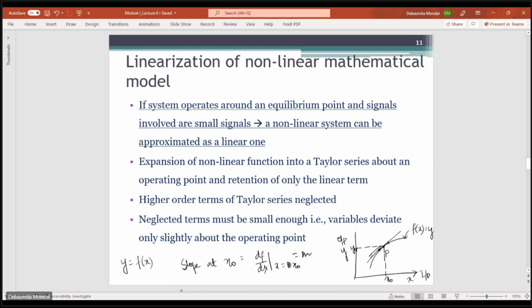For this approximation, you have to expand the nonlinear function into a Taylor series about an operating point that will be given, and you have to retain only the linear terms. And retaining only the linear terms means that you are ignoring the higher order terms. So these higher order terms can be ignored only if the deviations of the variables are very small about the operating point.